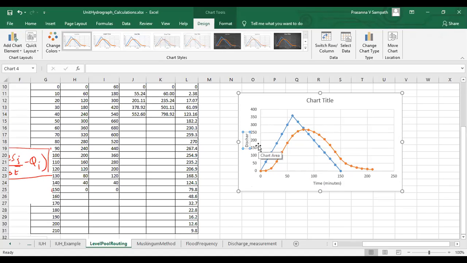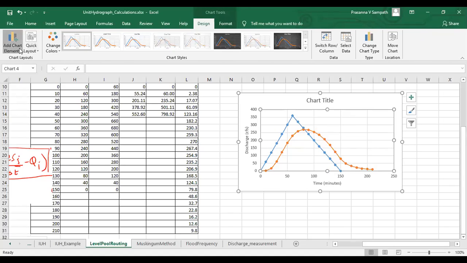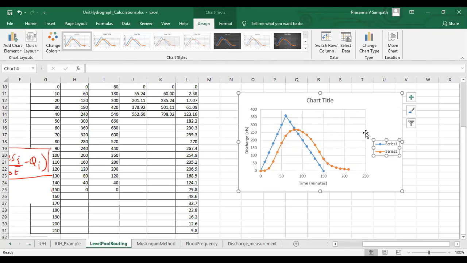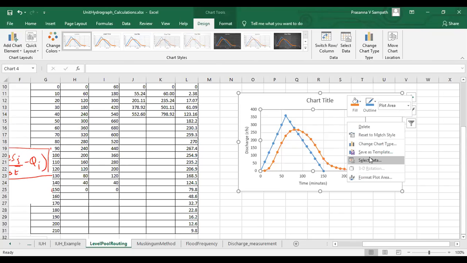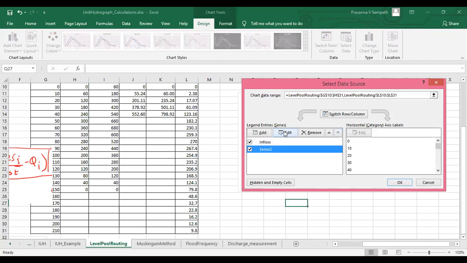I can say discharge, and it's in cubic feet per second. Maybe we can even add a legend. Just say series 1, series 2 right now. Let me quickly change it. Edit. So it's inflow, and outflow.